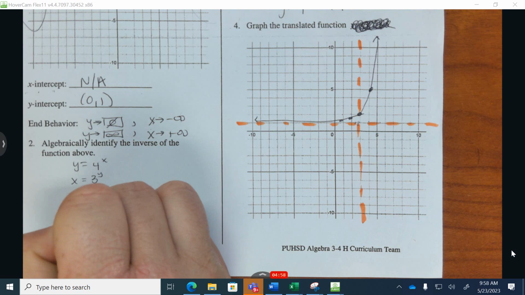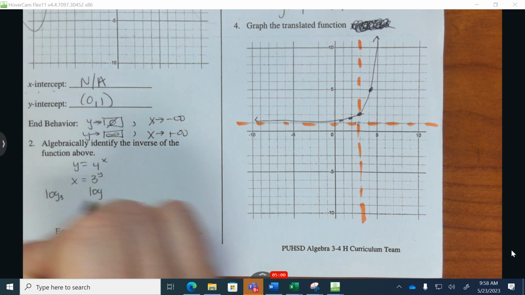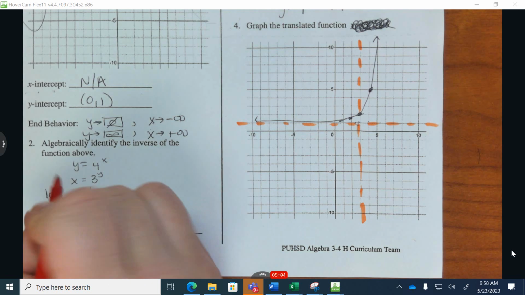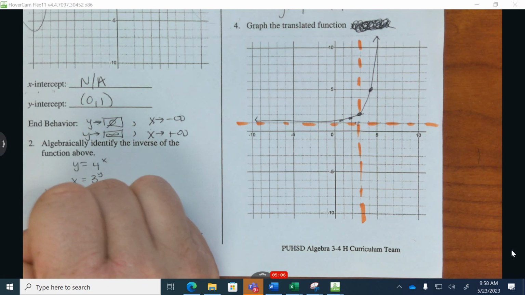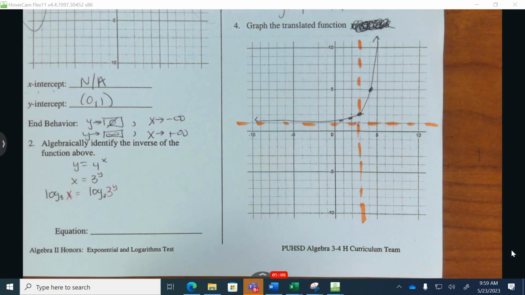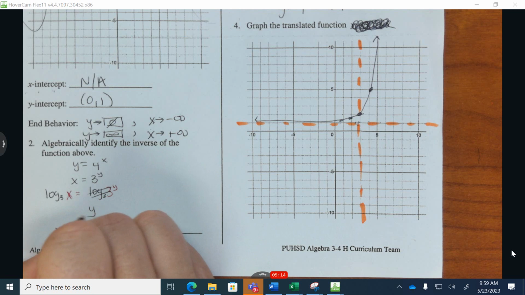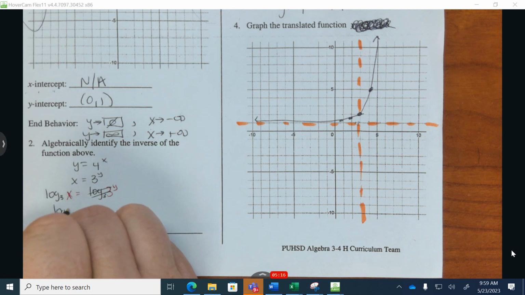And we're going to use log. So I'm going to do log base 4 on both sides. The little base is the 4, and then I write everything down that was originally there. The log base 4 of 4 is eliminated, and I have y equals log base 4 of x.